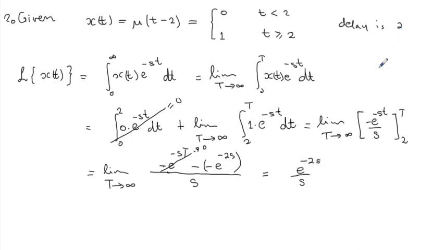I said that the delay is 2, and you see that delay comes there as a coefficient of s, and that is the Laplace transform. Am I making sense? Okay. So simply what I'm trying to say is that if you get an equation where the right hand side is a delayed unit step function, this is what we're going to put in place if you need a Laplace transform.